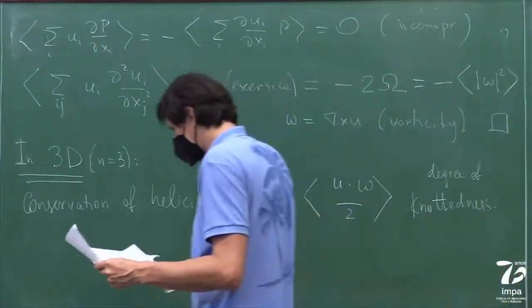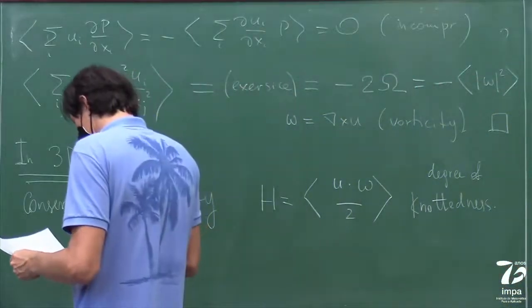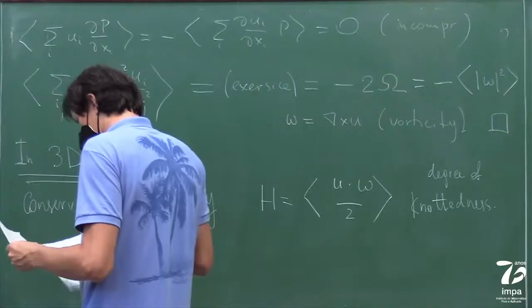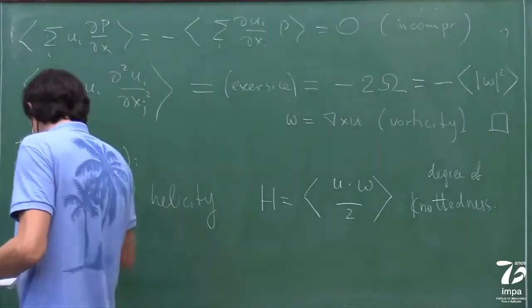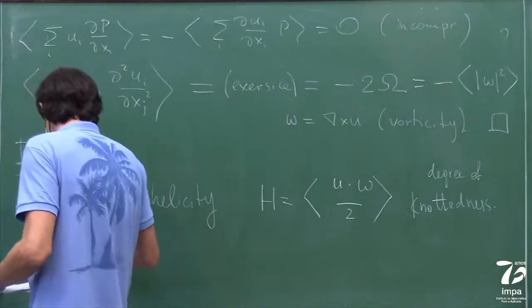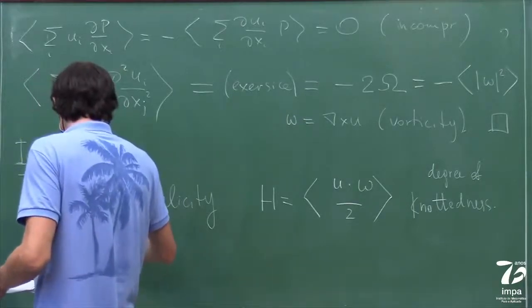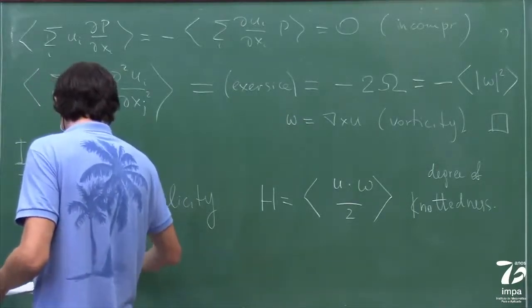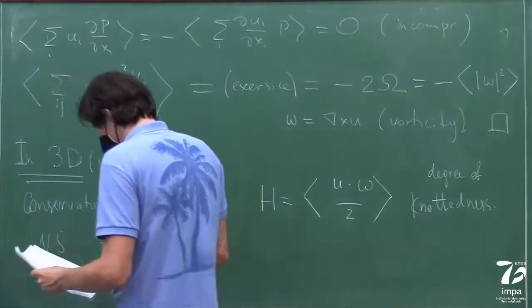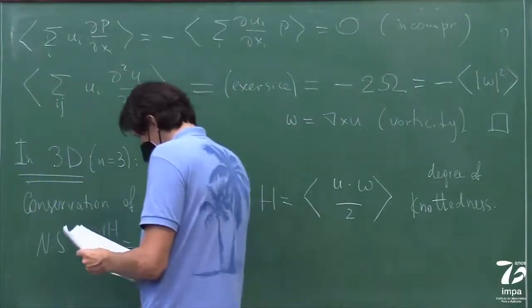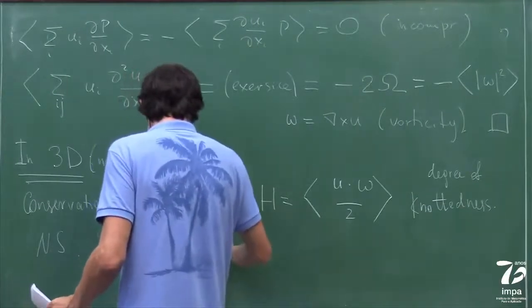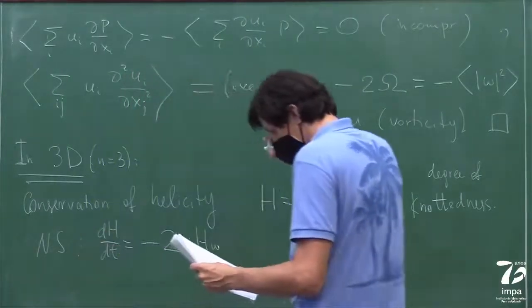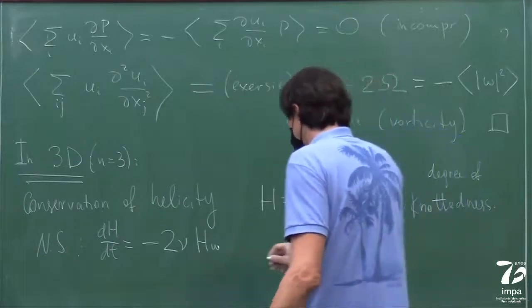And the equation is that for the Navier-Stokes equation, the derivative of the helicity in time will be minus 2 nu times what's called HW.